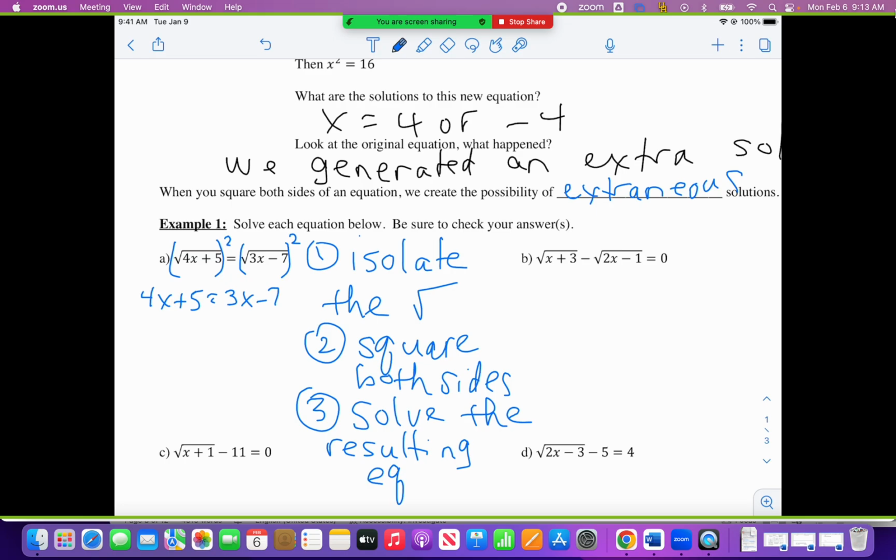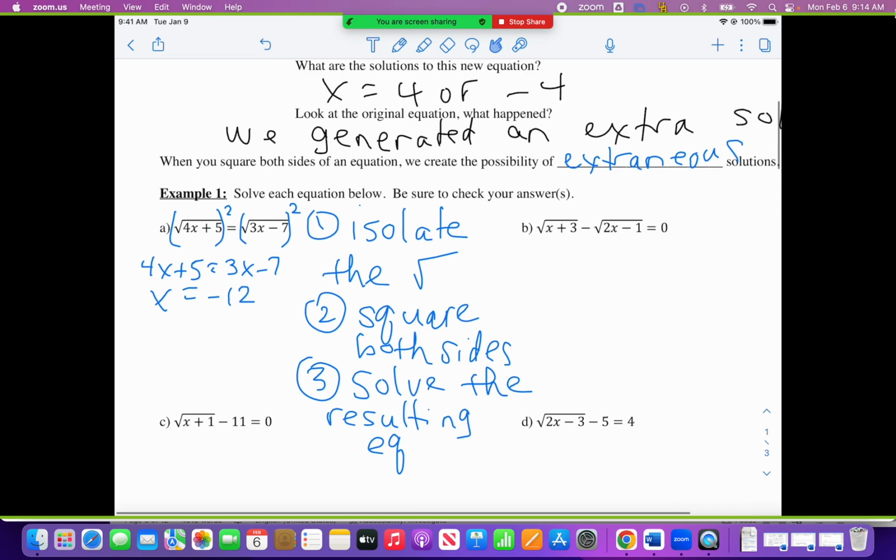That's actually an algebra 1 type equation. So if I subtract 3x from both sides and subtract the 5, I'm getting x equals negative 12.